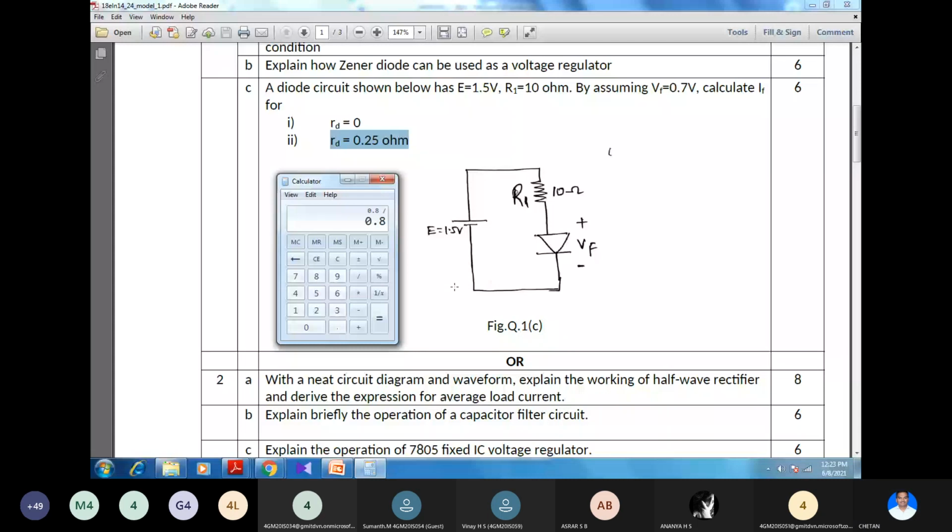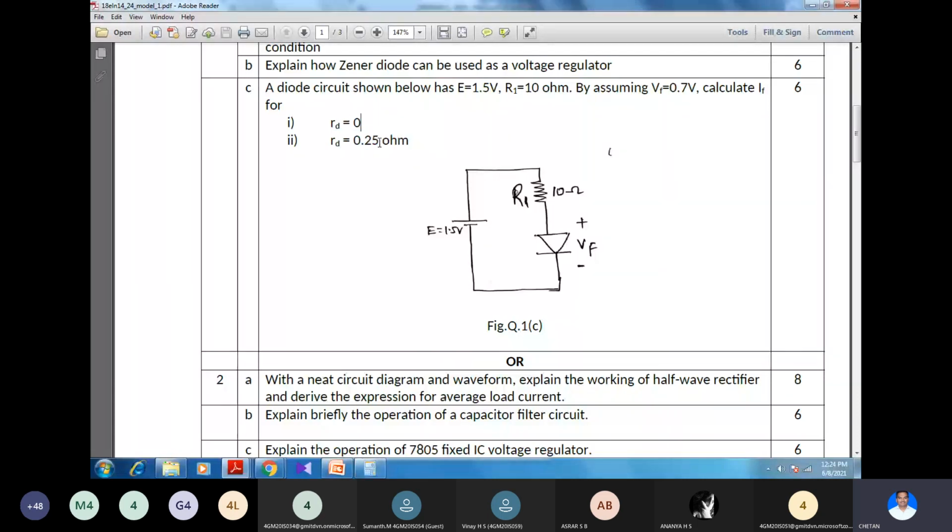So this would come to 0.078, or in simple words, in terms of milli, this would be 78 milli. So for the first case, the current value is 80 milli, where you have considered Rd is 0. In the second case, you have a current value of 78 milli, which is less by 2 milliampere compared to the first case because of the presence of Rd.